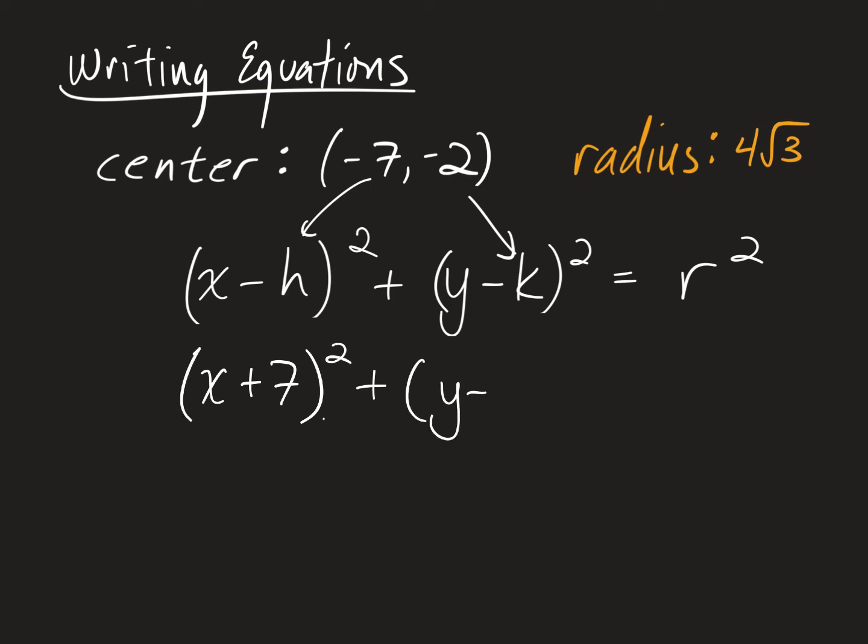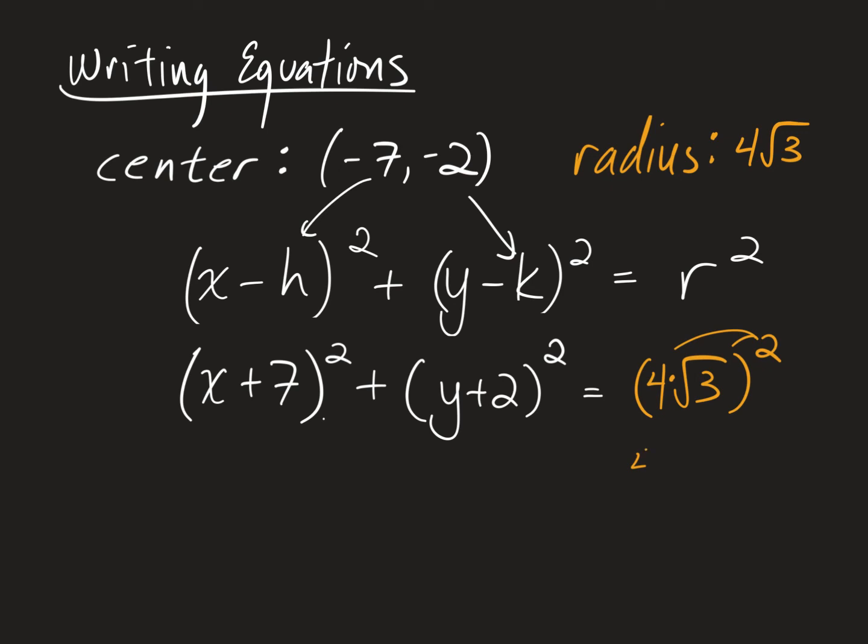Plus (y plus 2) squared equals, and this is where it gets interesting, (4 square root of 3) squared. Now, with this 4 square root of 3 squared, since these are being multiplied, we're able to distribute the square to each of those.